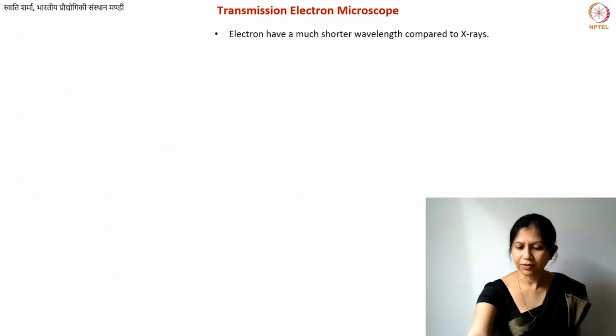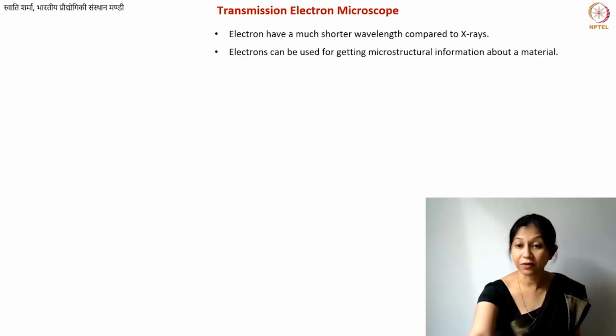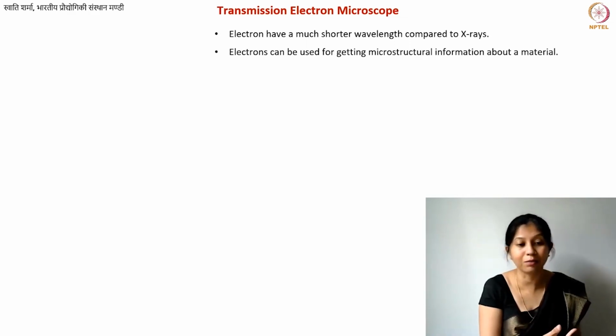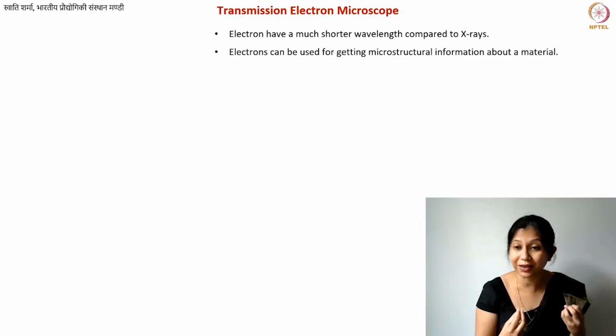Okay, so I already said this: you have much shorter wavelengths than X-rays. Electrons, therefore, are used for getting microstructural information. Remember that now we are talking about microstructural information, not crystal information, although microstructural information does contain the crystal structure, and you can also now see the defects and the residual stress inside your material.